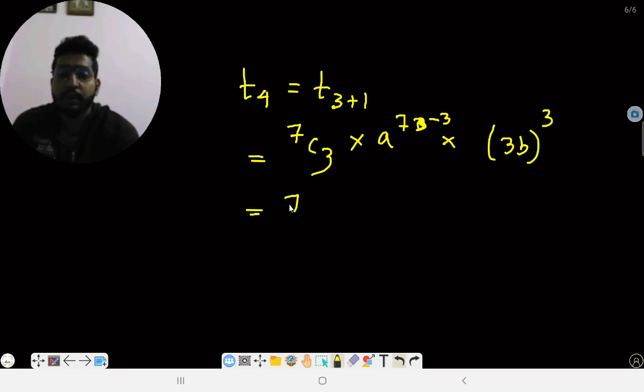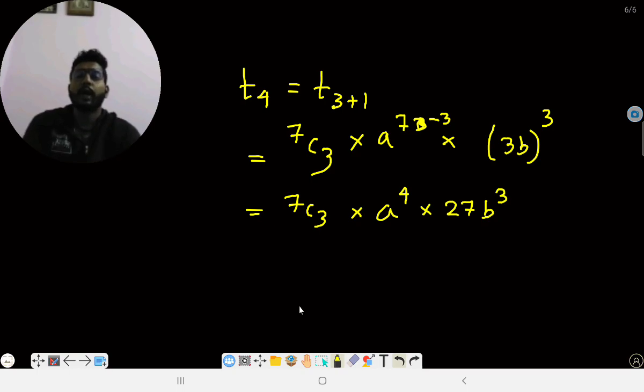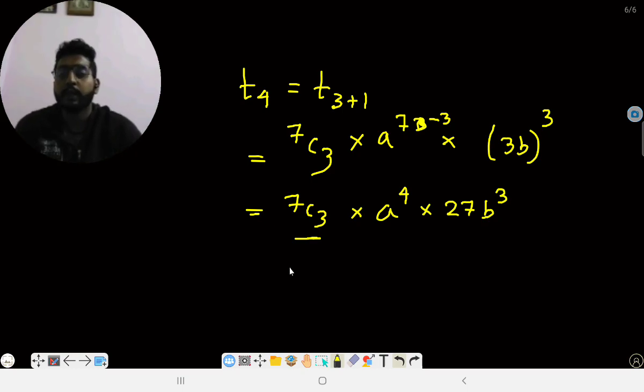That means 7C3 into a to the power 4 into 27 into b cube. And again we can solve 7C3 using a calculator or using the nCr formula, so we'll get the T4 term.